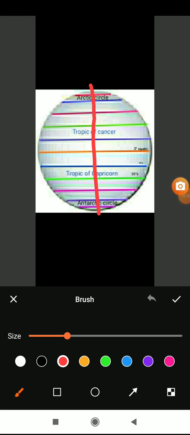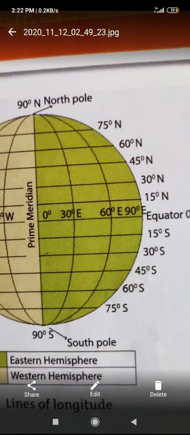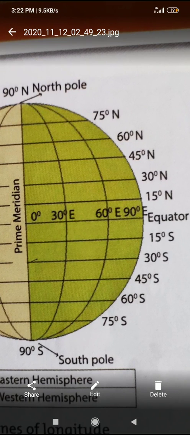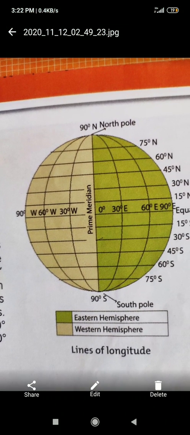First the prime meridian 0 degrees, then 30 degrees east, then 60 degrees east, draw neatly, then 90 degrees east. Draw the same and label it, and it will appear like this. 30 degrees, 60 degrees, 90 degrees, then here 30 degrees west, 60 degrees west, 90 degrees west, and the middle one is the prime meridian.